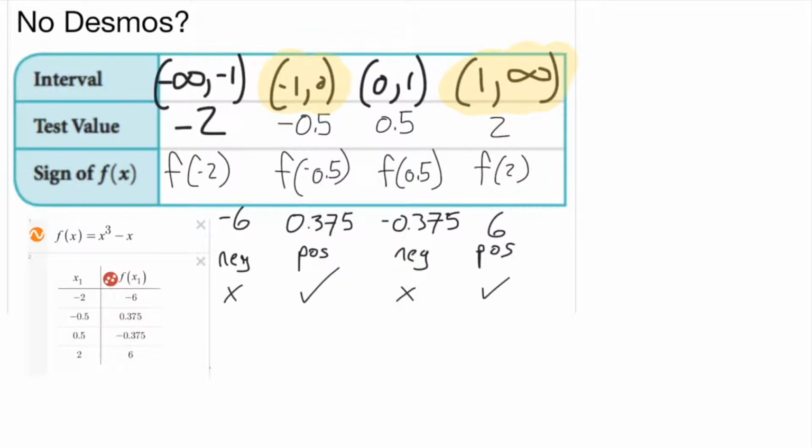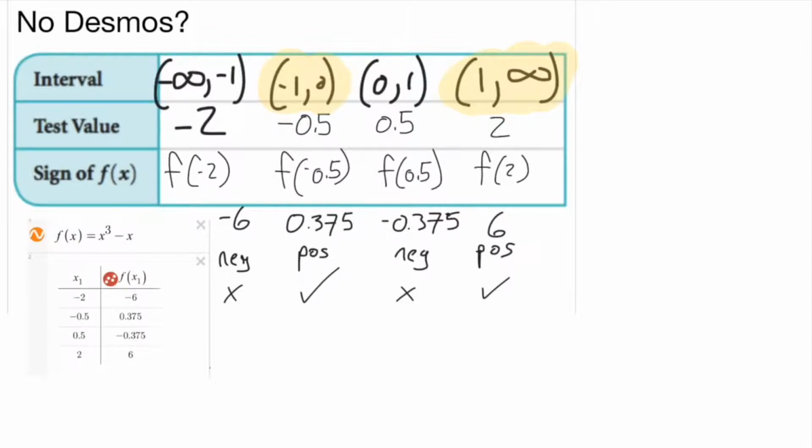This just makes plugging numbers into a function and getting numbers out very easy, because you just type in the function here, and then you add a table, and then you say, I want these x1 values. I'm going to tell you what they are, and these are going to be the f of x1 values. It's -6, 0.375, -0.375, and 6.